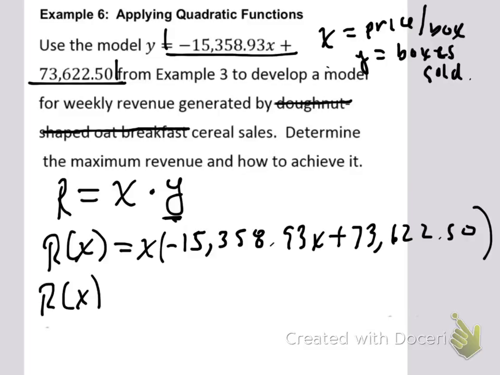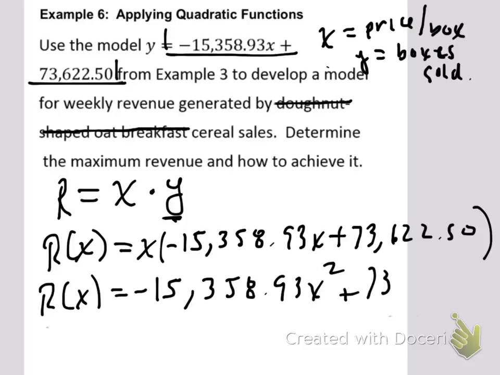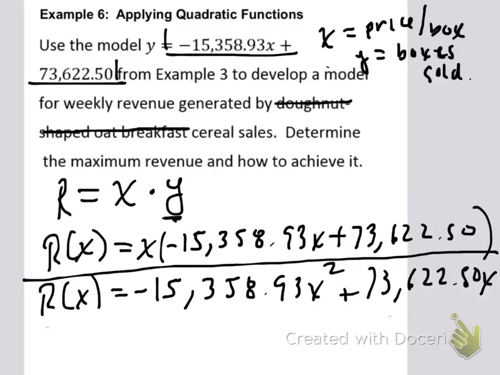So R of x is going to equal negative 15,358.93x squared plus 73,622.50x. So this is my model, and notice that it is quadratic.